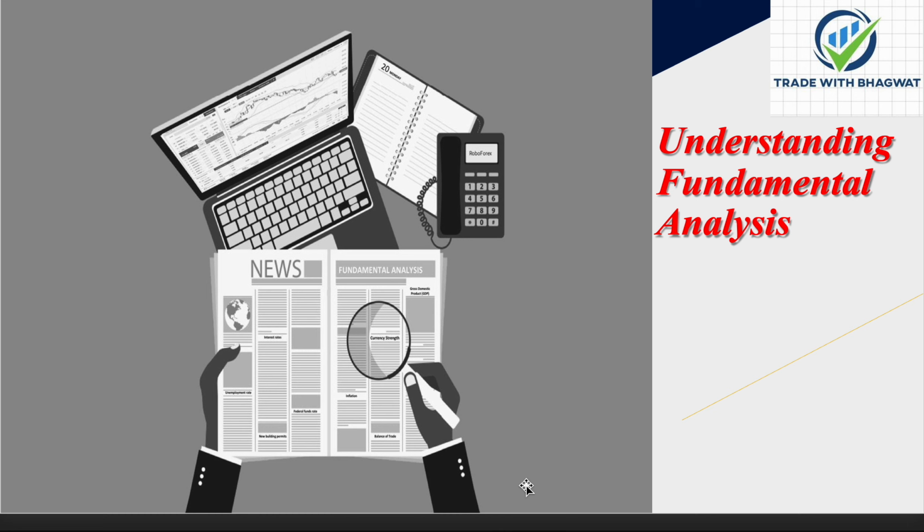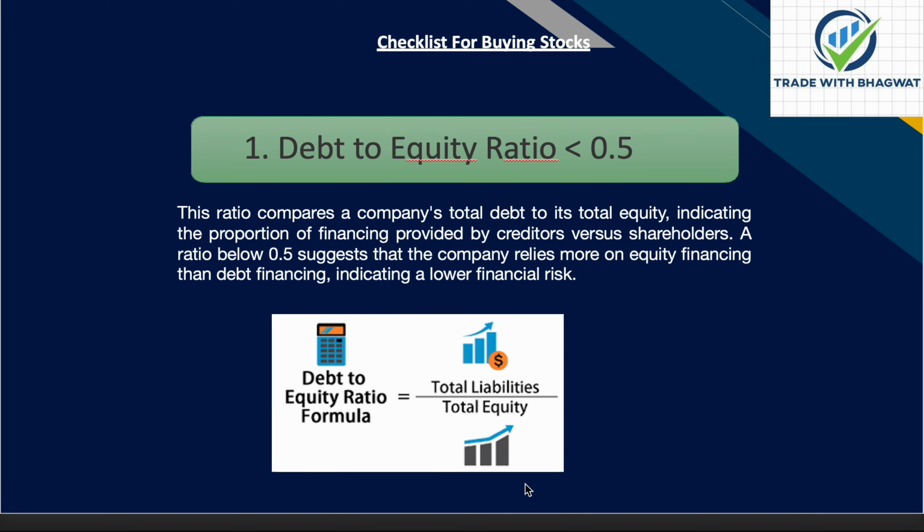So let's get started. The first one, debt to equity ratio. What it indicates: this ratio compares a company's total debt to its total equity. Already I have explained to you what equity is. Equity is all about the shares and all the stock, or whatever you call it, indicating the proportion of financing provided by creditors versus shareholders.